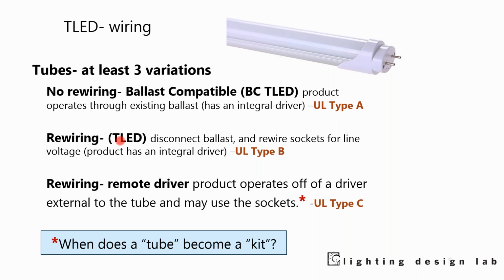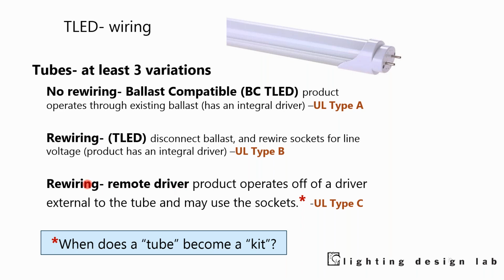You're putting line voltage at the tombstones. And one thing about those is they were never really designed to have line voltage there. So there's potential safety issues. Plus the way these get rewired varies from manufacturer to manufacturer.